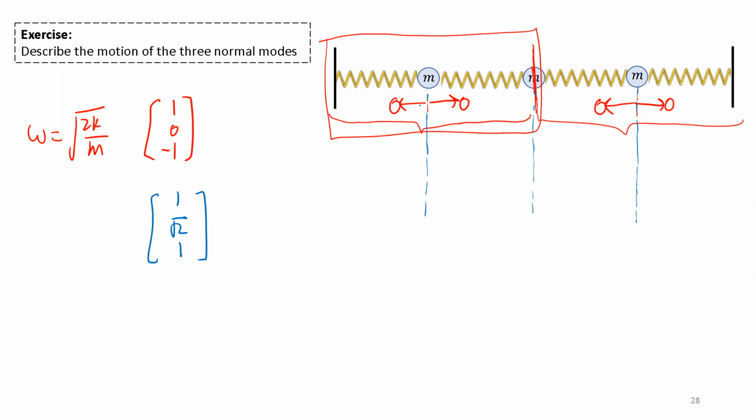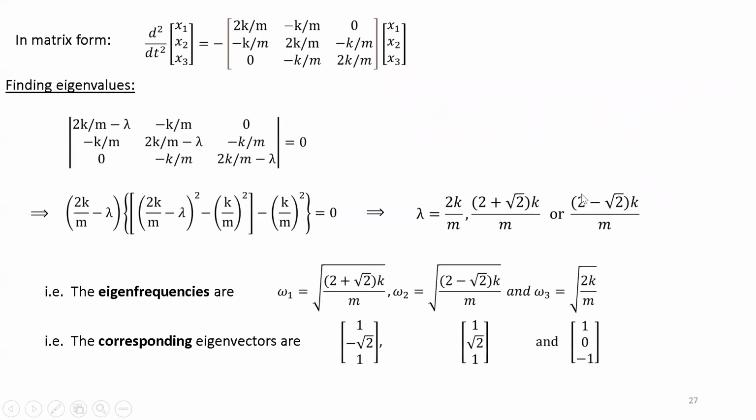That is, when this one moves to the right by 1 unit, and this one also moves to the right by 1 unit, then the one in the middle will move to the right by something bigger.